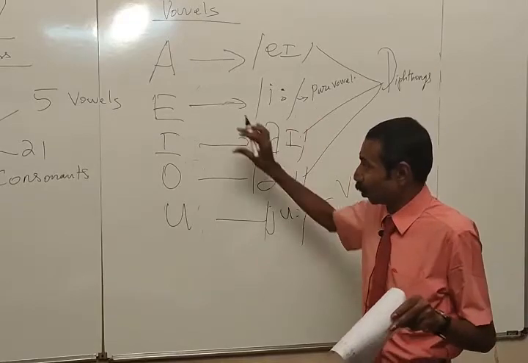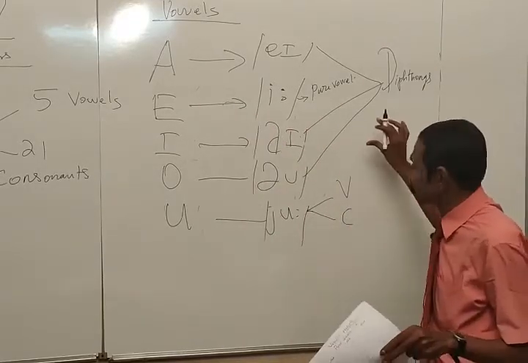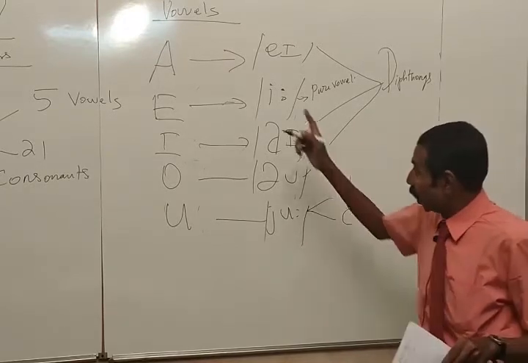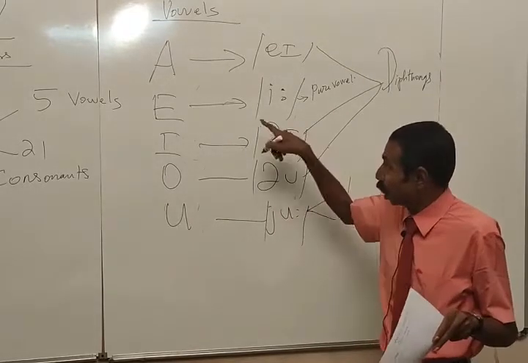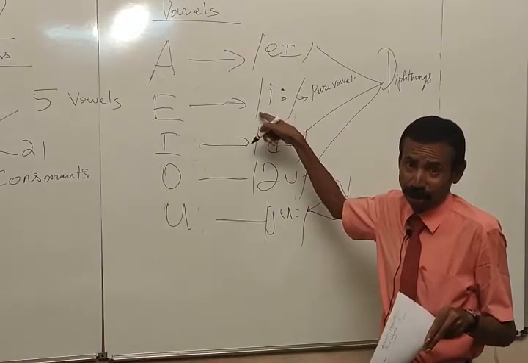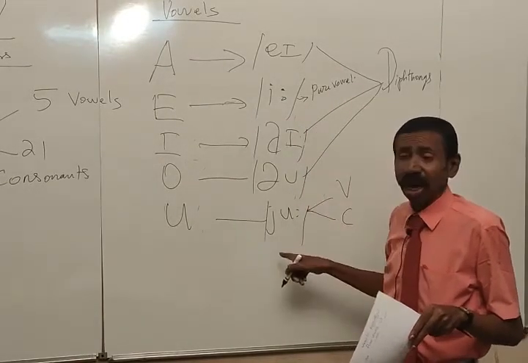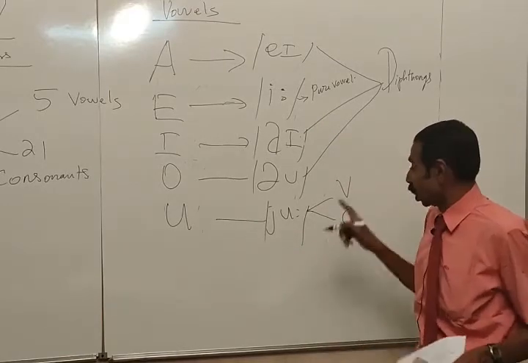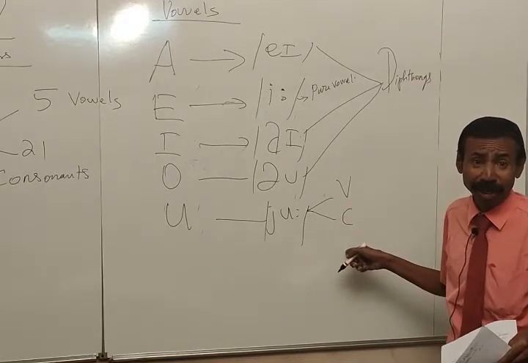Of the vowels, we are having 5. Of the 5 vowels, 3 are coming under diphthongs. One is a pure vowel, meaning a single sound only. That will also come under the group of long sounds, not short sounds. I have given you 2 dots. And the last one is U. This can be used as both a vowel and a consonant as well.